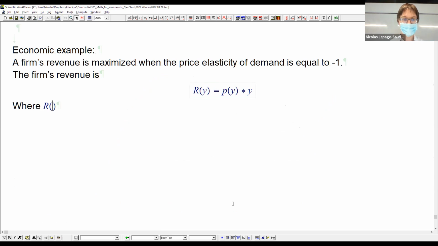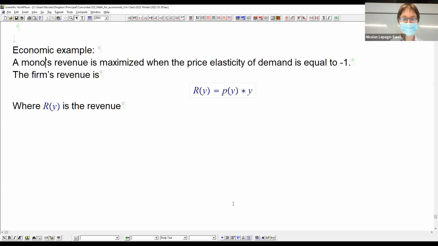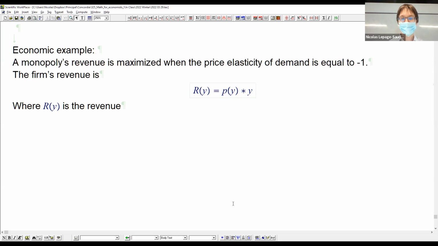R, the revenue. Yeah, I shouldn't say a firm's revenue, I should say a monopoly's revenue, because that's really a firm that faces a downward sloping demand curve, so that's the monopoly.